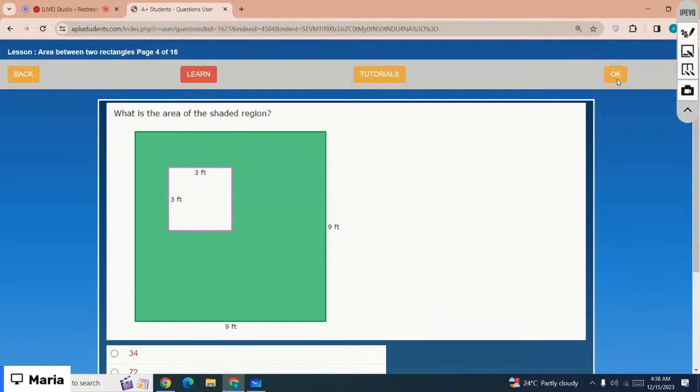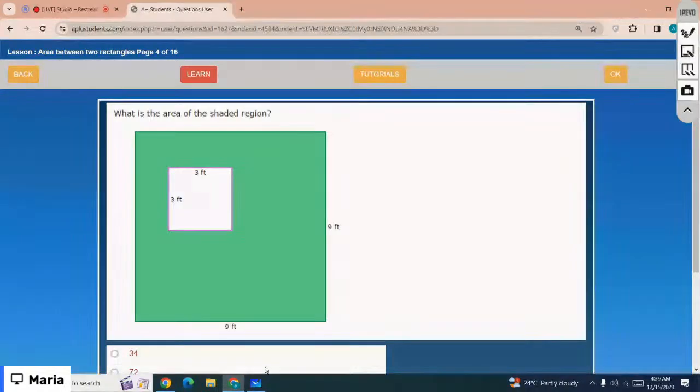Okay, what is the area of the shaded region? Which is the correct option? Yes, that is 72.